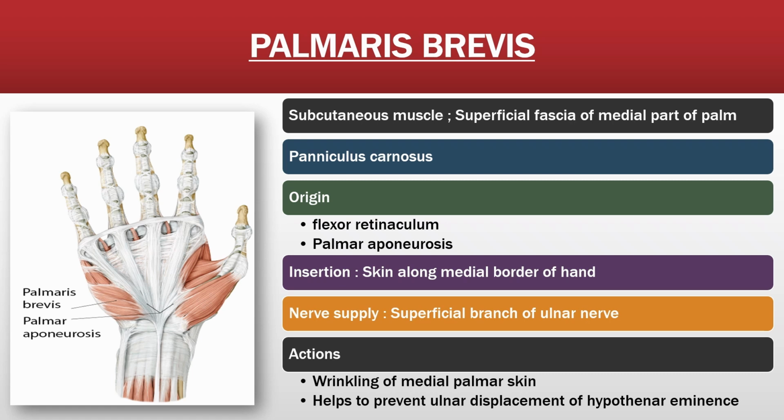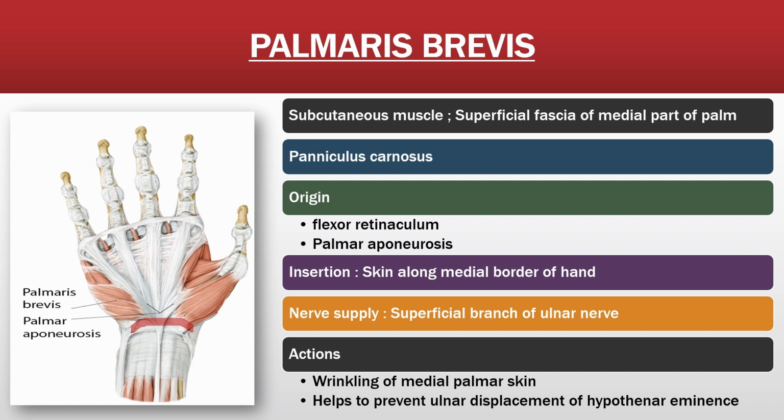Palmaris brevis. This is a subcutaneous muscle. It is an example of panniculus carnosus. Panniculus carnosus is basically the subcutaneous muscle that remains attached to the skin, and it has a function most prominent in the lower animals like your dogs, cats, cows, but in human beings it has become rudimentary.